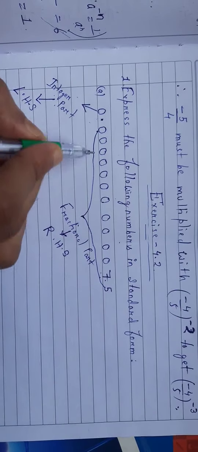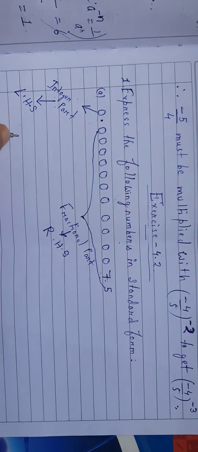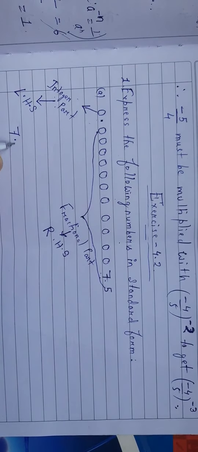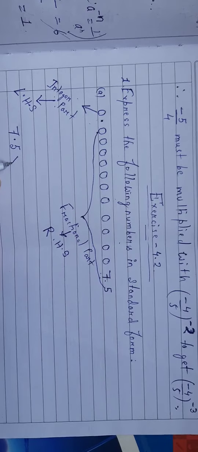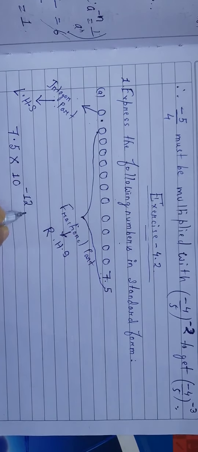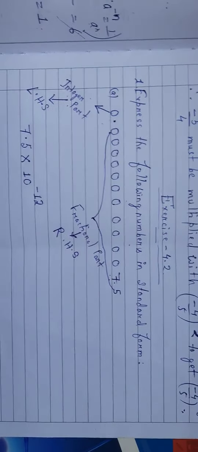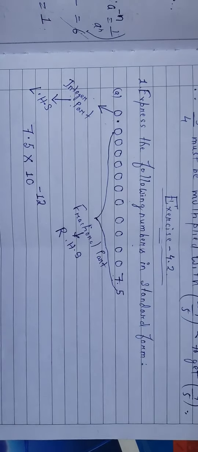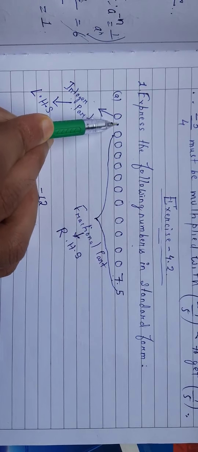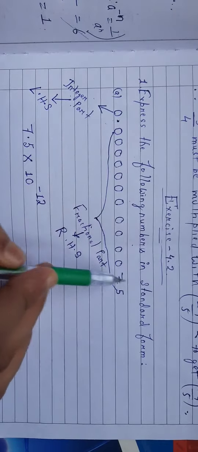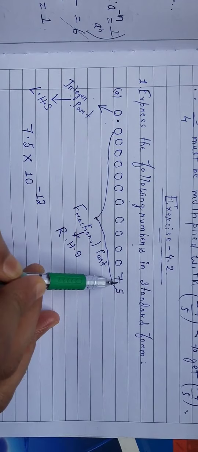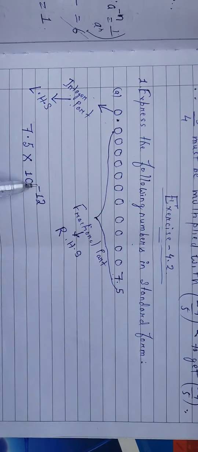That is, this number will become 7.5 into 10 to the power minus 12. Let us see one more time. If the decimal point is shifted to the right hand side, then the power or the exponent becomes negative.